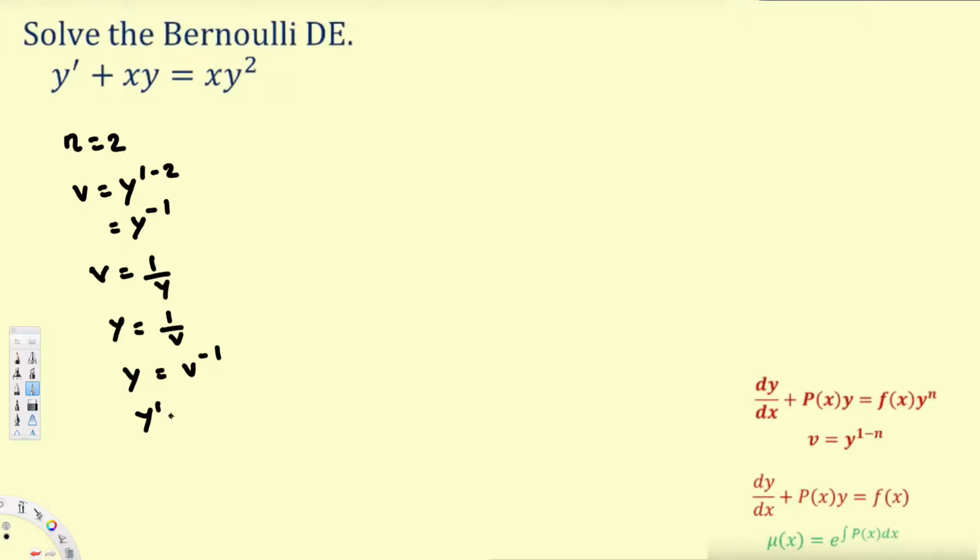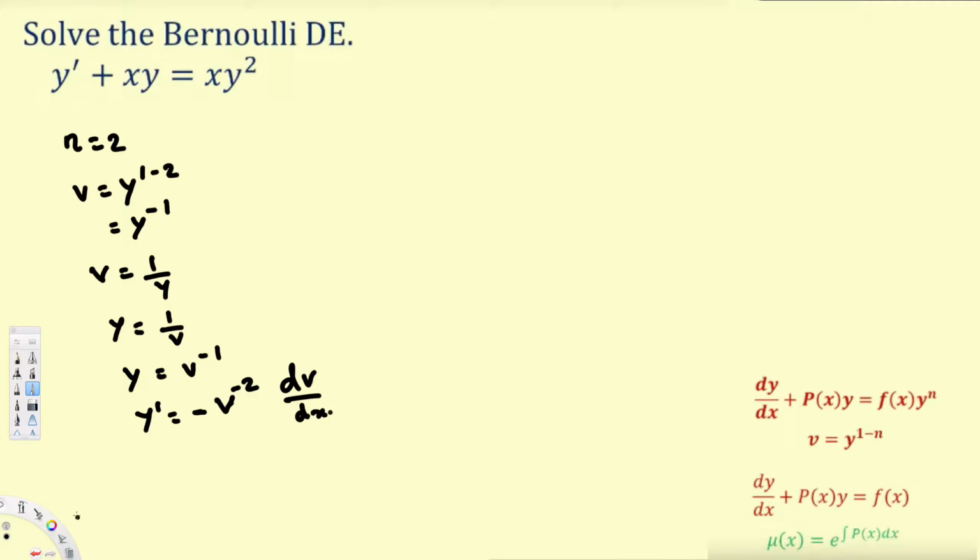When we take y prime, this is going to be minus v power minus 2 times dv by dx. So we are finding the derivative with respect to x. Now all we have to do is replace the y values with the v values. So we know y is equal to 1 over v and y prime is equal to this value.